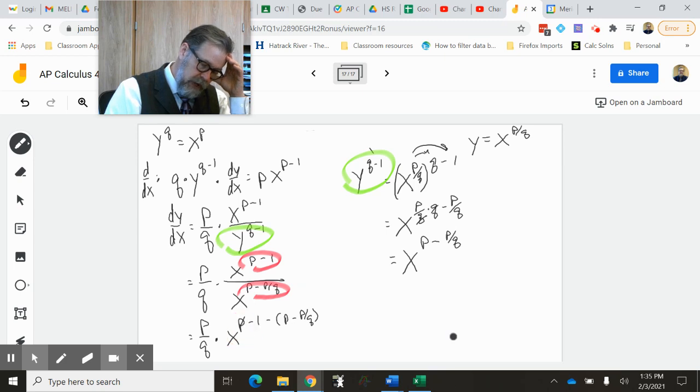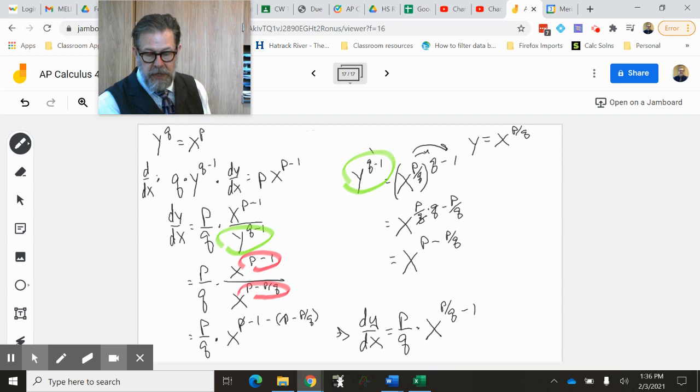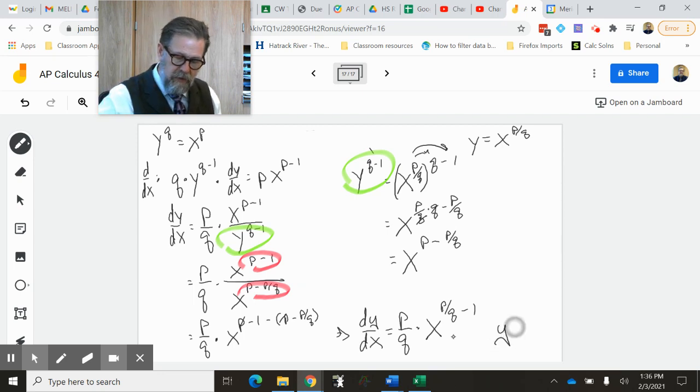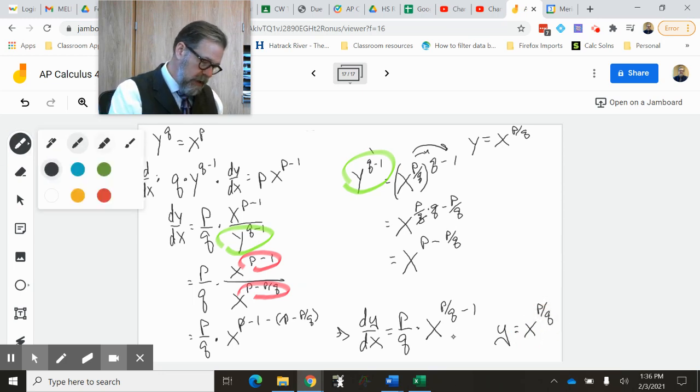Negative and a negative is a positive, and what I get is that the derivative of y with respect to x is equal to p over q times x to the, well, the p over q becomes positive, and the 1 becomes negative. And this was given that y is equal to x to the p over q. So there's what we've got.